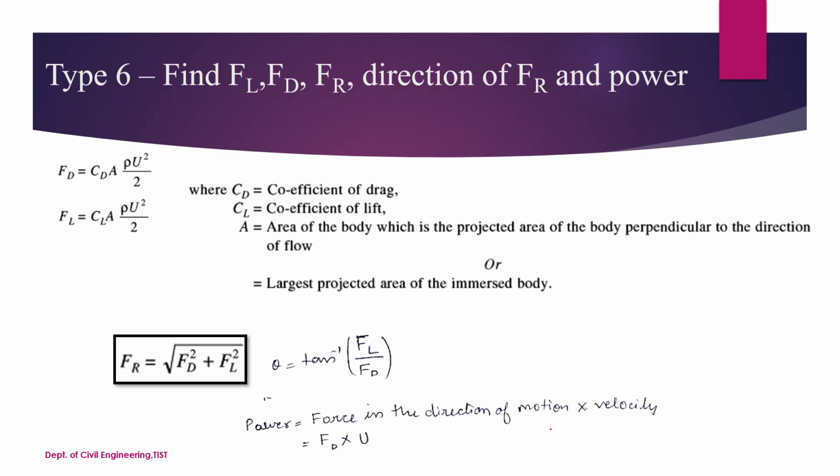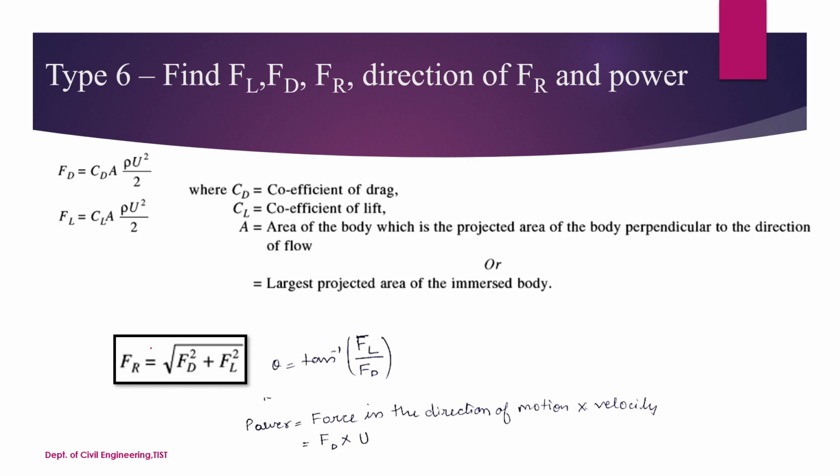Now we have one more type, the last one. It is to find out the drag force, lift force and the total force, the direction of total force and the power exerted on the body by the fluid. We have studied all these equations in the previous videos.